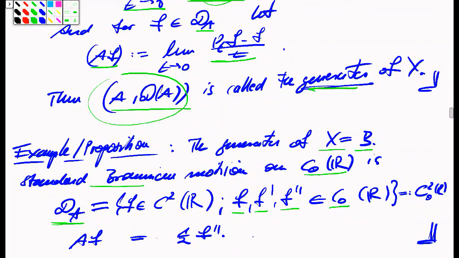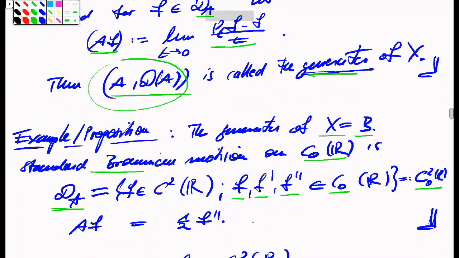I claim that this is the domain of the generator of Brownian motion in the sense as defined above. I shall denote this space in the future with this notation. It's a C with superindex 2 and subindex 0, 2 for twice continuously differentiable, and 0 for the requirement that all these functions, the function itself, its first and its second derivative, vanish at infinity.